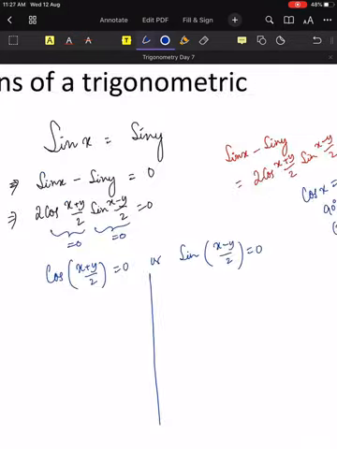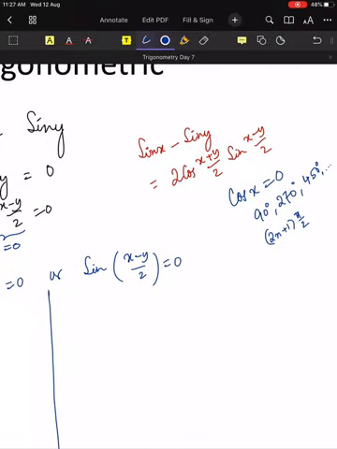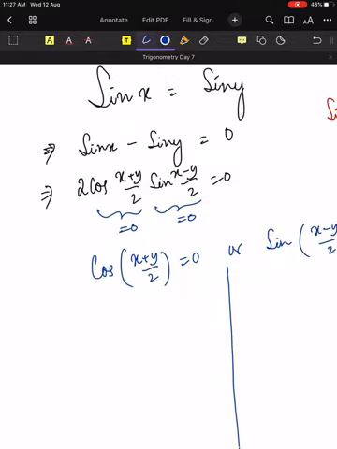Okay, so this equation becomes what? Cos x is equal to 0. I can say x is equal to an odd multiple of pi by 2. Then only cos is equal to 0. So here we have cos (x plus y)/2 is equal to 0. So what we can write? (x plus y)/2 is equal to (2n plus 1) pi by 2.